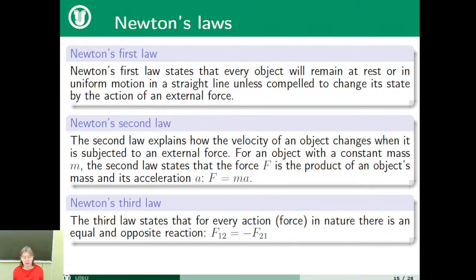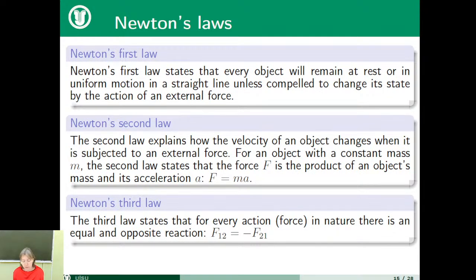The SI units tell us that 1 Newton is 1 kilogram multiplied by 1 meter per second squared. To solve problems with Newton's second law, we often draw a free body diagram in which the only body shown is the one for which we are summing forces.